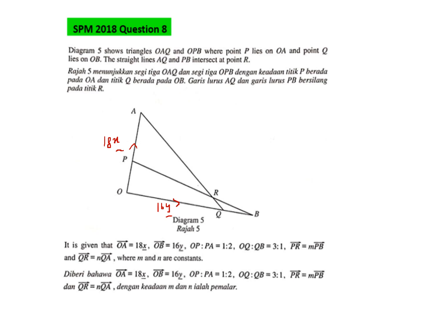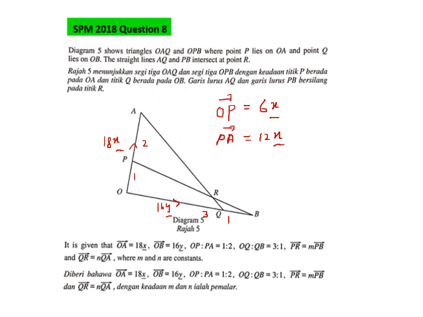The ratio OP to PA is 1 to 2. Then we will obtain vector OP equals 6 vector x and vector PA is 12 vector x. The ratio of OQ to QB is 3 to 1.